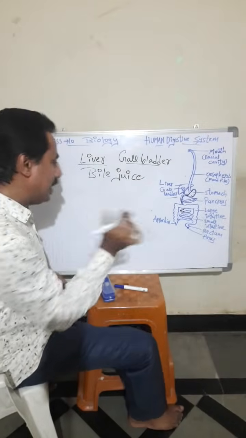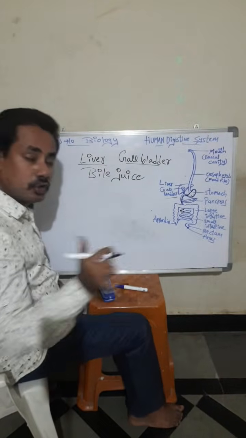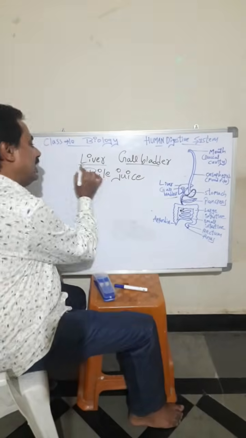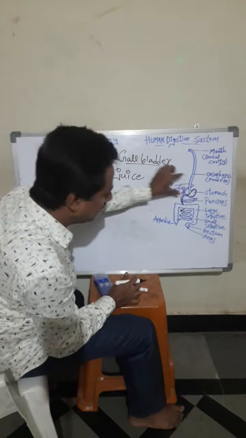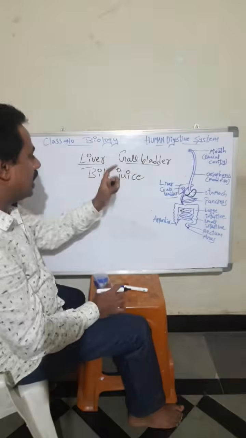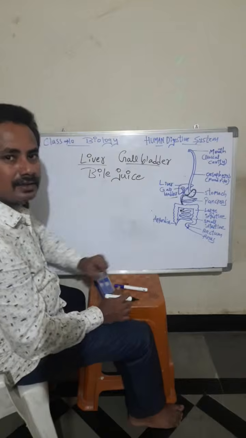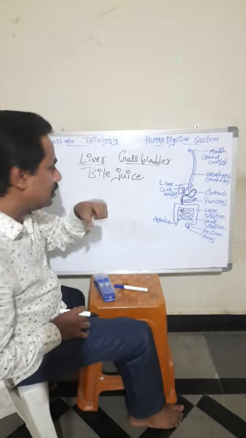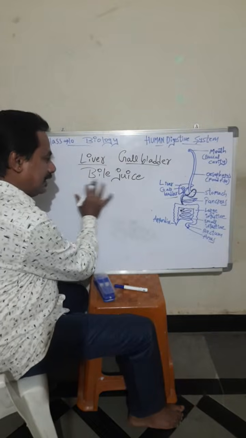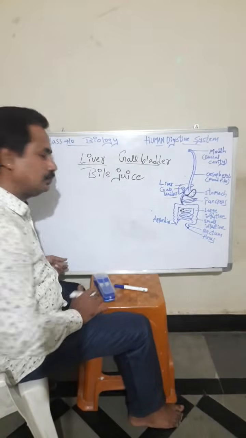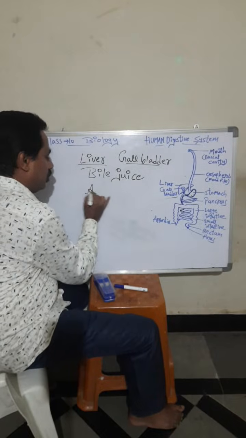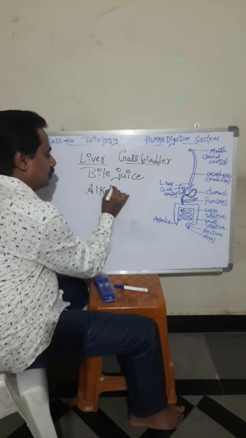What is temporarily stored in the gallbladder? Bile juice. Actually released by whom? The liver. The liver releases bile juice and that bile juice is temporarily stored in the gallbladder. The gallbladder releases bile juice, and what will this bile juice do? It will make the food alkaline.